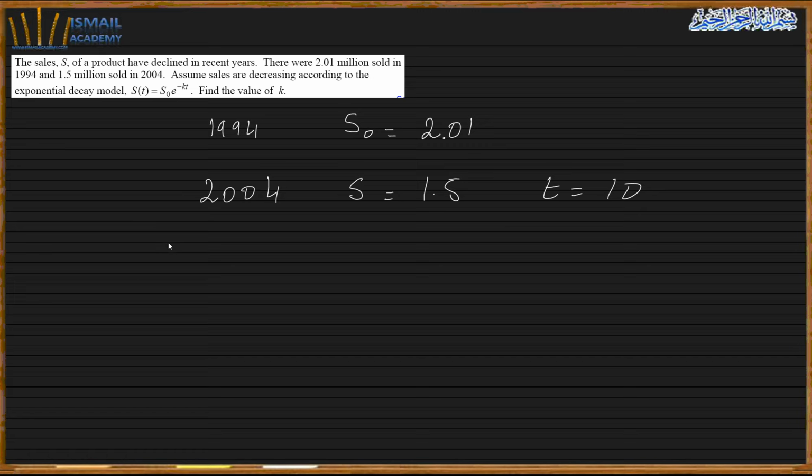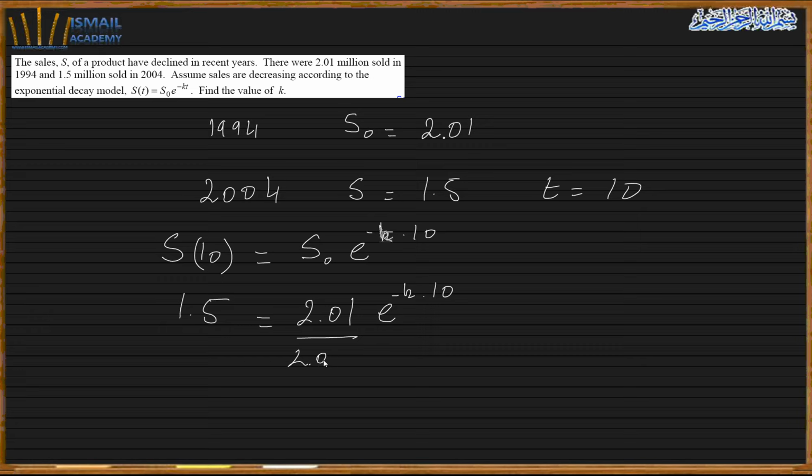Here I have s of 10, which is s initial times e to the minus k times 10. My s initial, which is this year, is 2.01, and my s of 10 will be 1.5. So it's going to be 1.5 equals 2.01 e to the minus k times 10, and this will help me find my k. So I divide both sides by 2.01.